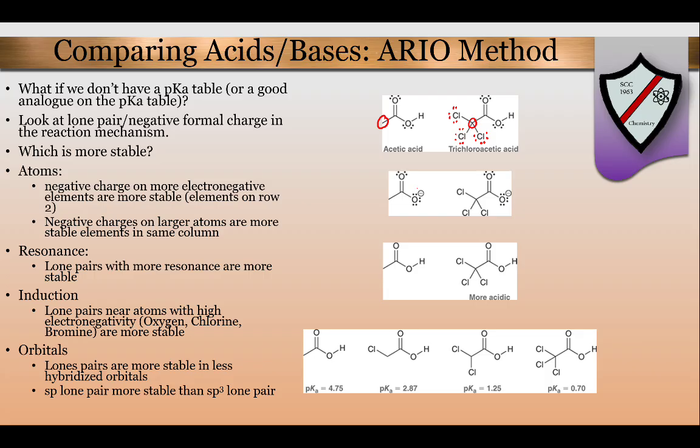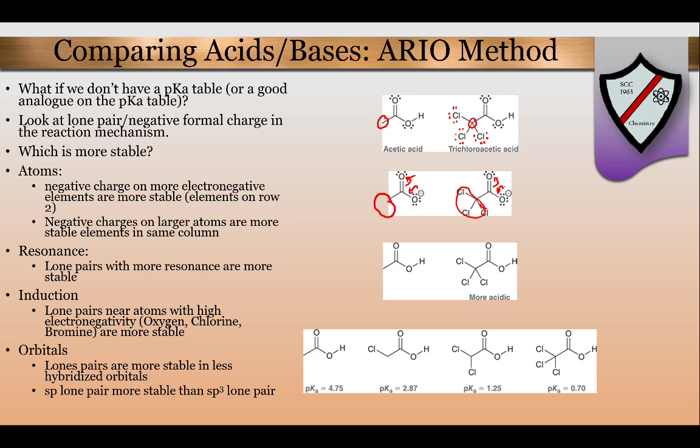each conjugate base has the same resonance. They would both have the lone pair resonating over 2 oxygens. But the chlorines here can help stabilize that negative charge even further than these dinky little hydrogens in this position.